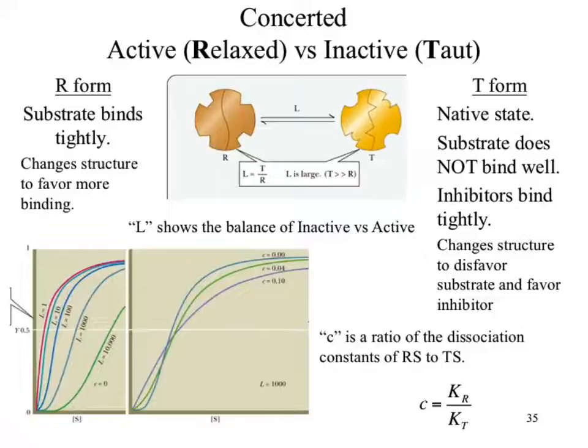The balance of R to T. The equilibrium constants of those, the binding affinities. Okay? L, small L meant hyperbolic. Large L meant sigmoidal. By tying it back to what the shape of your curve is, you can then tie through both the relaxed and taut forms and approach what's going on within those.